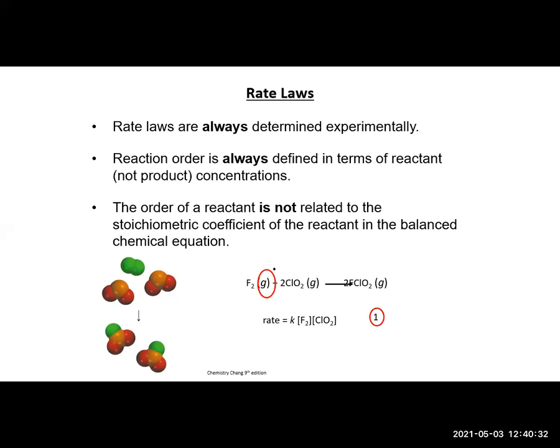And again, this circle missed where it's supposed to circle that, and this is supposed to be over here, so let me fix that. We see in the balanced equation, the ClO2 has a coefficient of 2, but the actual order is first order. So unlike in equilibrium, we don't take the coefficients as the exponents. We need to experimentally determine that from the table.